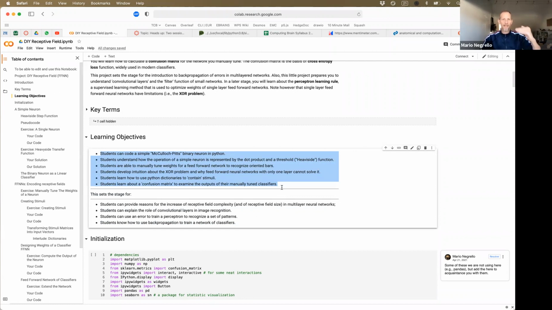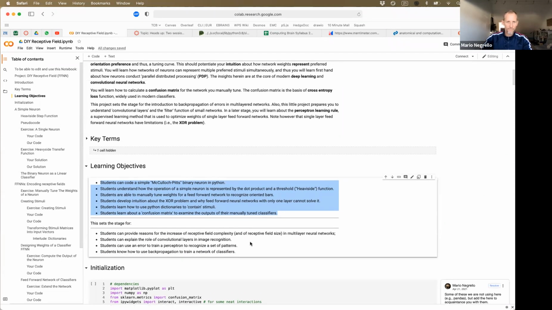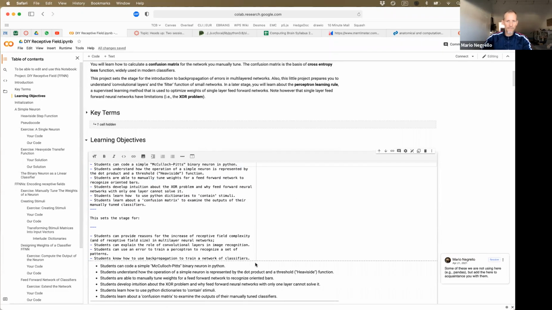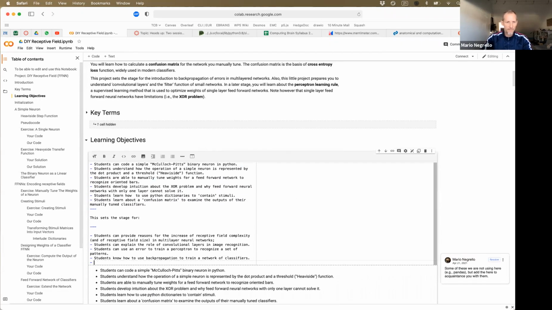We went through one step only to make it simple and easy, but the second step would be expanding on this. There's one here: understanding the role of multiple layers in solving the XOR problem.